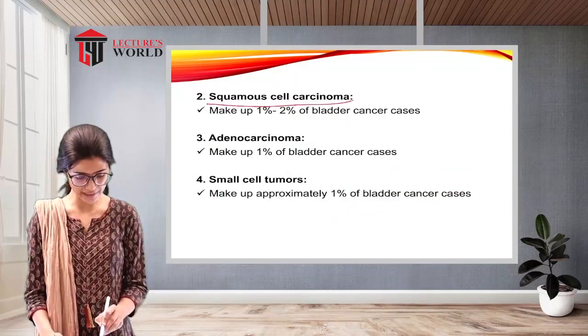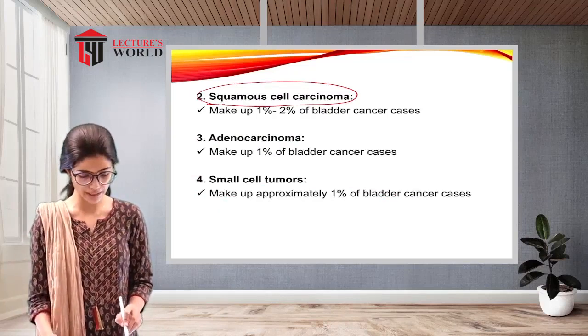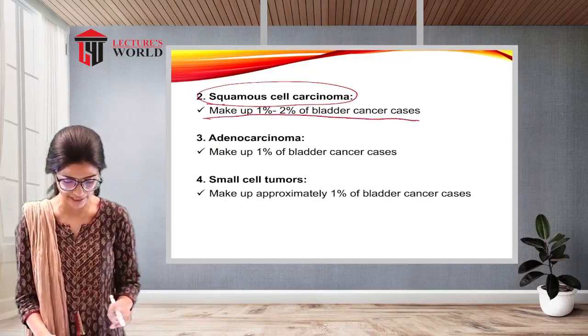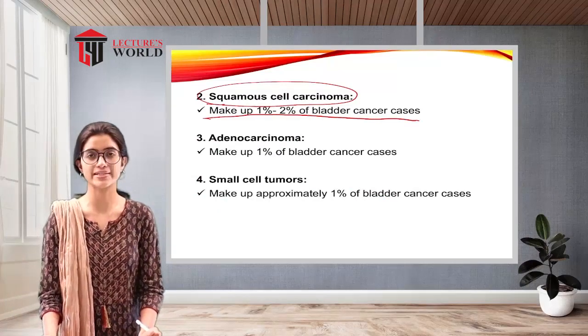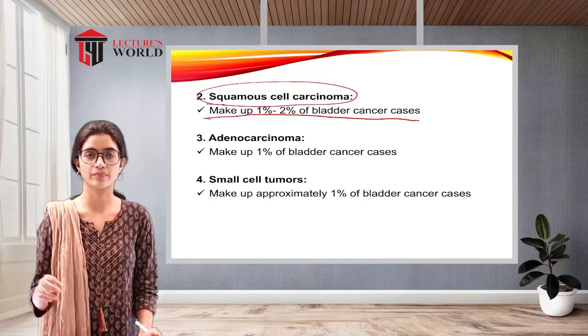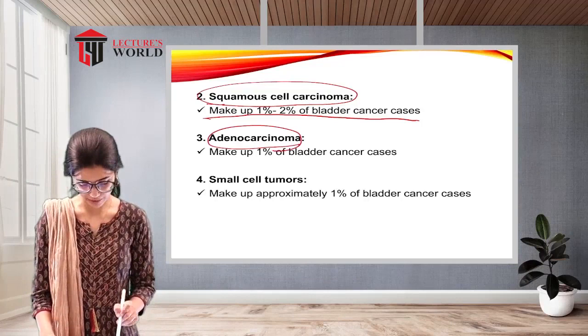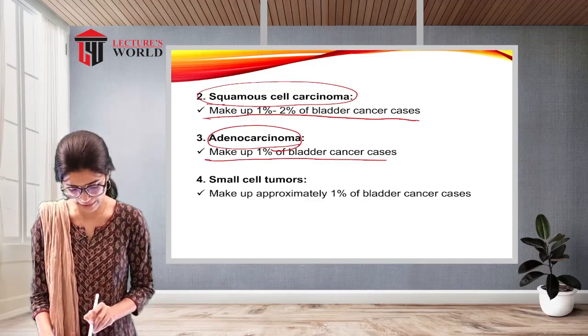Now the squamous cell carcinoma is the second type of bladder cancer. It makes up 1% to 2% of bladder cancer cases. The third type is adenocarcinoma, which makes up about 1% of bladder cancer cases.